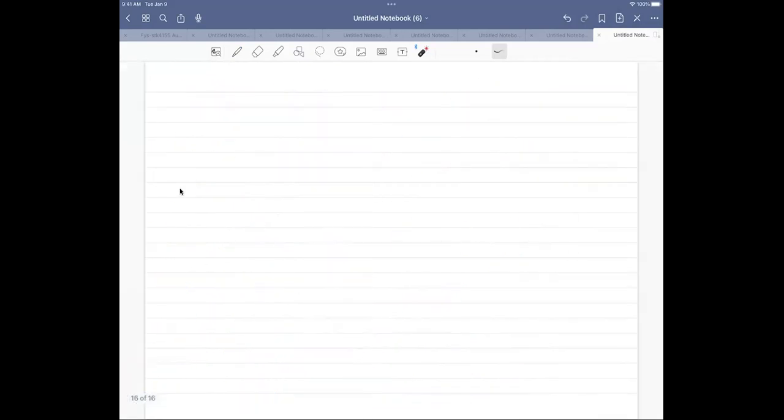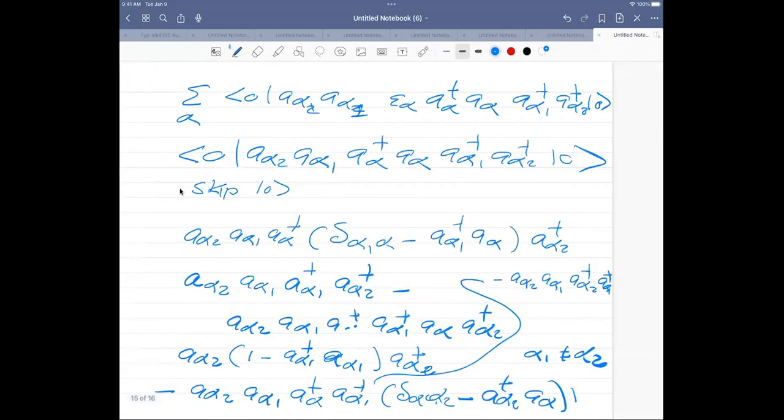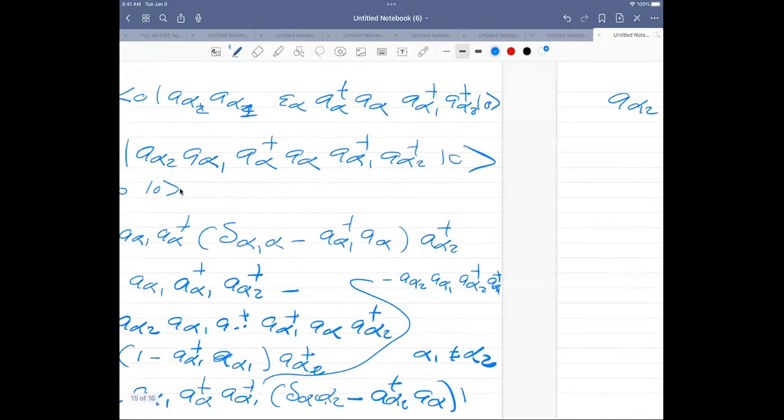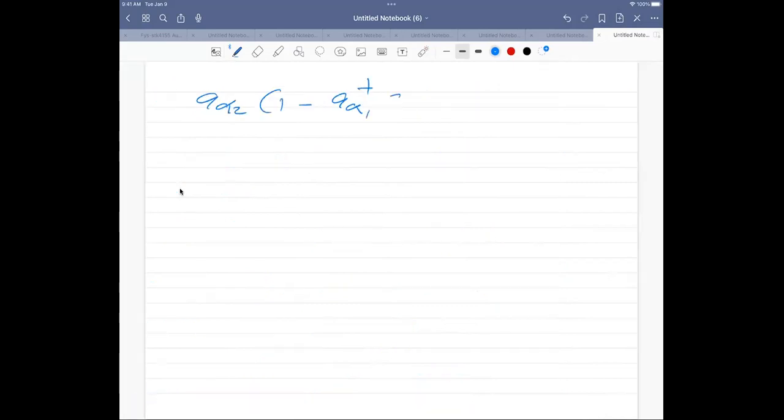If we take the first term, we have an A alpha 2, and we have 1 minus, and then we have an A alpha 1, of an A alpha 1 acting on an A alpha 2 dagger here.